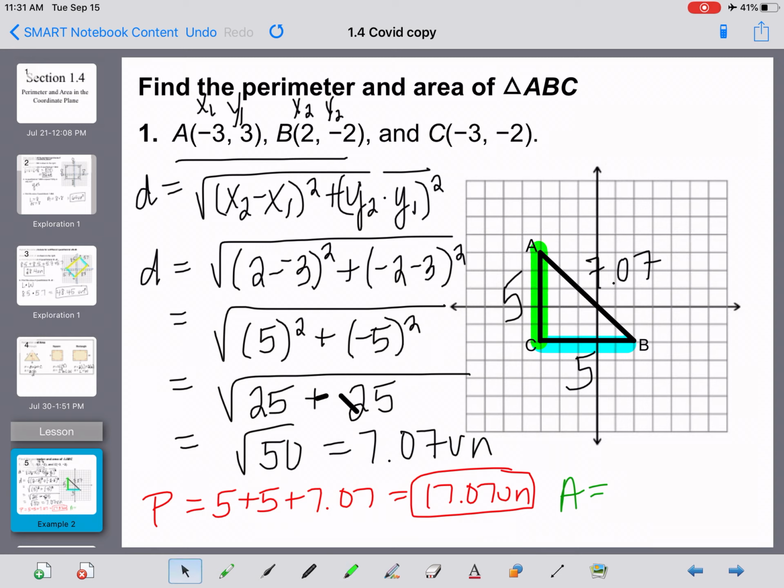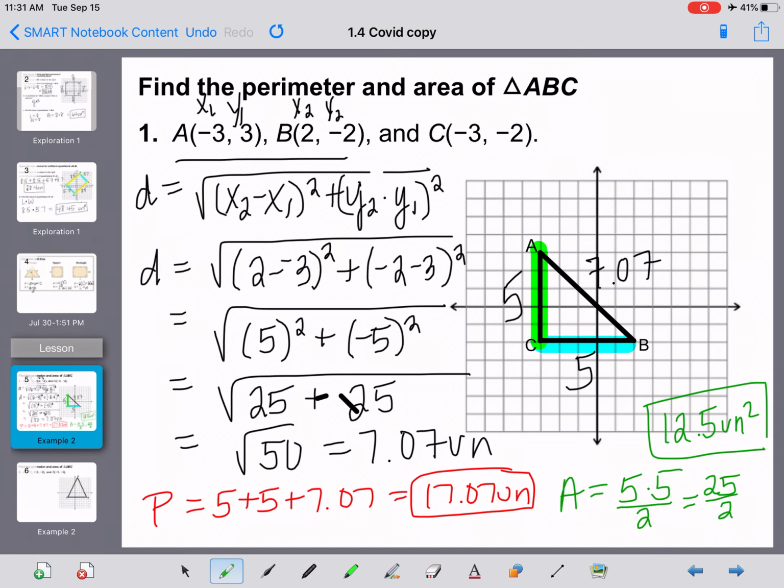So it's going to be 5 times 5, and then I'm going to divide that by 2. So that's 25 over 2, which is about 12.5 units squared. That's my area. So these, we'll be finding the area and perimeter of triangles in the coordinate plane.